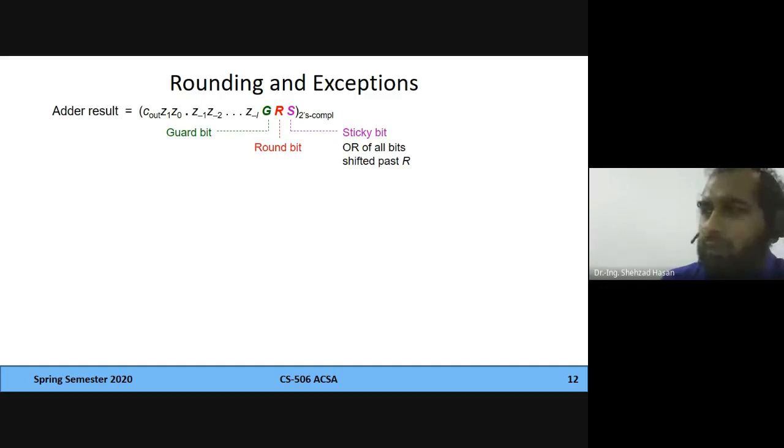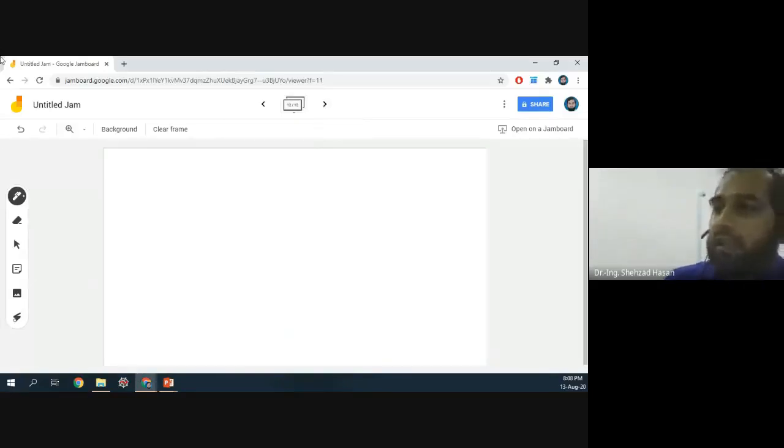So why do we actually need 3 bits to give our result? Okay, so guard bit, round bit, and sticky bit. And now let me just tell you, we have 3 different ranges here. When you are going to round numbers, there are going to be numbers which are less than 0.5, and there are going to be numbers greater than 0.5.